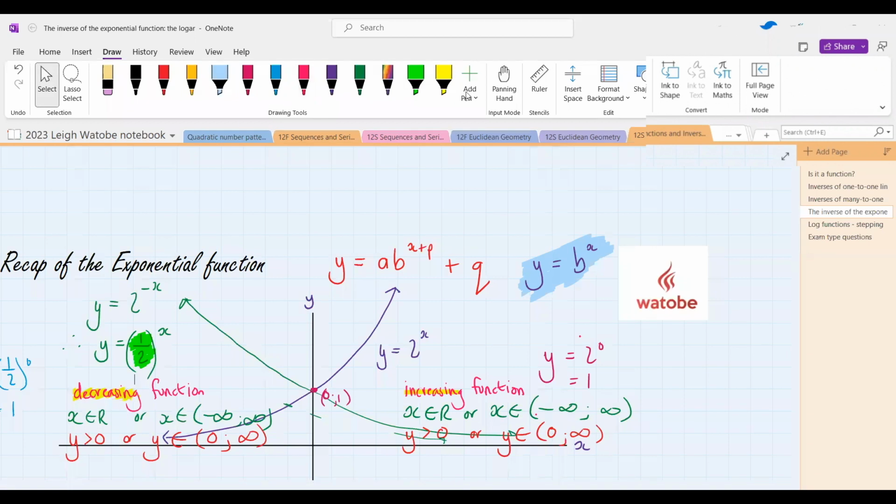Previously over here, this one was equal to 2. So here what we can say is that the value of our base is greater than 0 but smaller than 1. Here, what we would say about our base is that it is greater than 1.